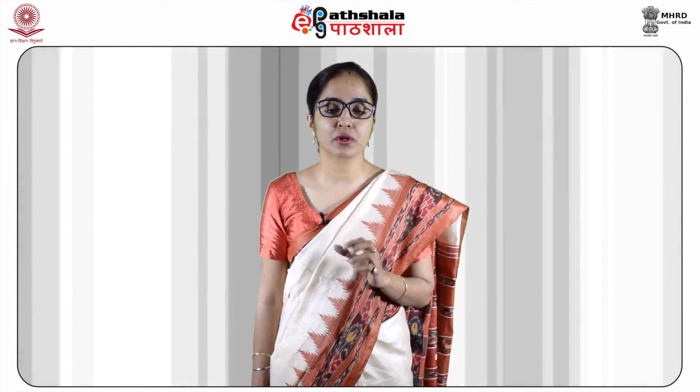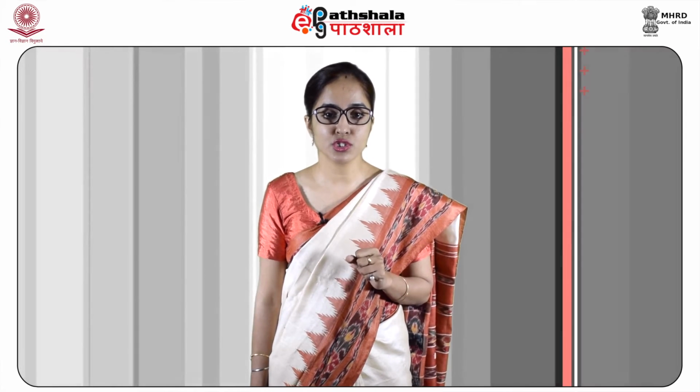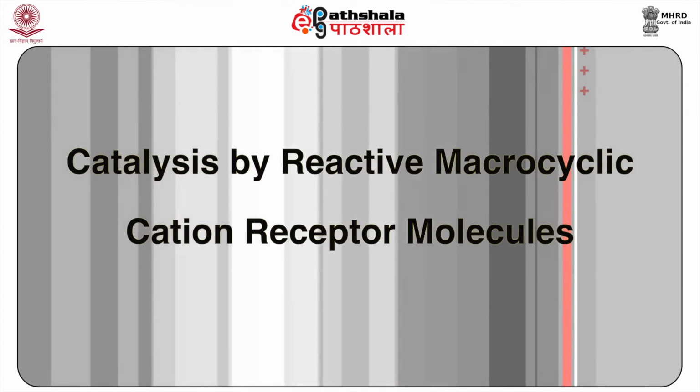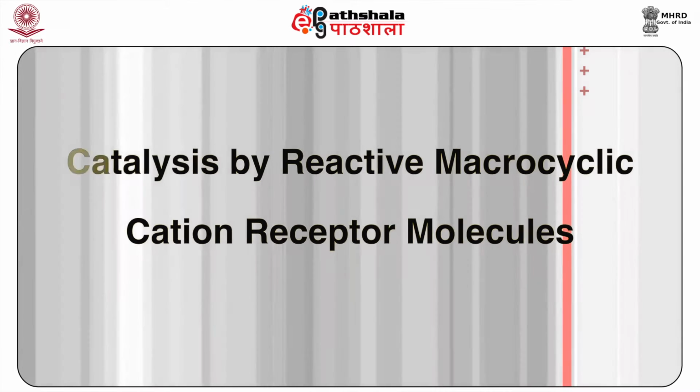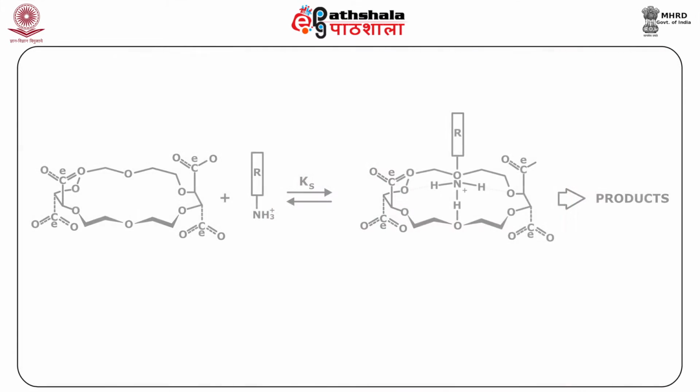Now, students, having introduced to you the topic of supramolecular catalysis, we shall now concentrate our attention on catalysis by reactive macrocyclic cation receptor molecules. The most important example for catalysis by reactive macrocyclic cation receptors is the deacylation of O-acetyl hydroxylamine in presence of the macrocyclic polyether bearing 4 carbonyl groups derived from tartaric acid.